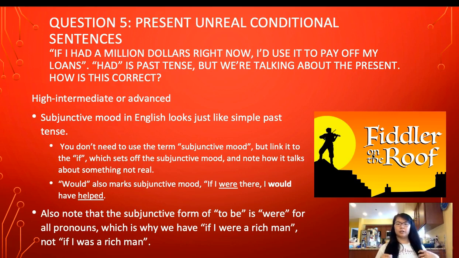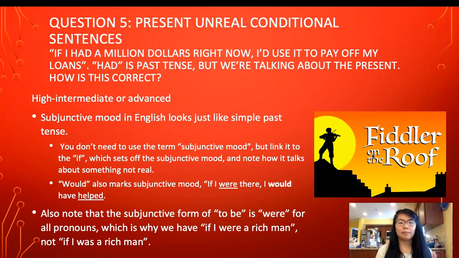And so the verb forms in the subjunctive mood look different. The word would also marks subjunctive mood, like I would do this, if this condition was met. This condition isn't real, so the effect of that condition, like what I would do, is also not real.